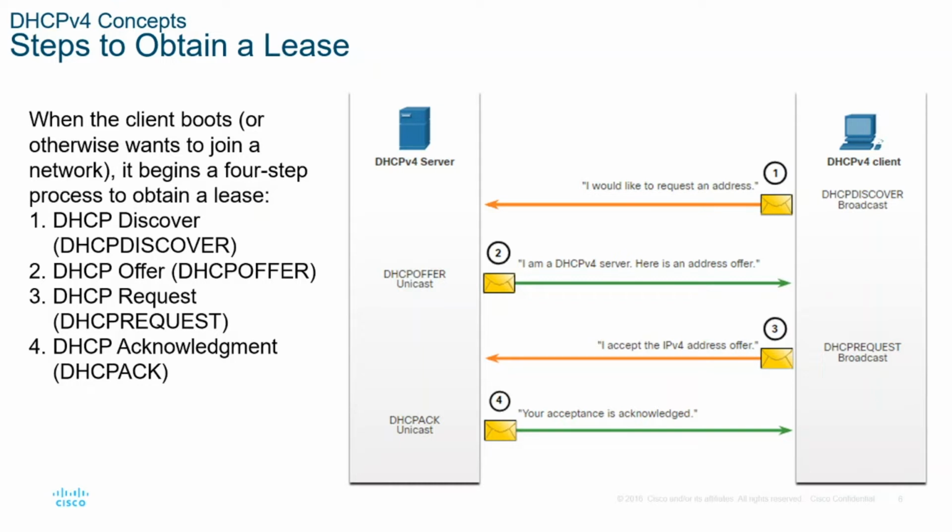Once the DHCP client accepts the IPv4 address and the server receives it, the DHCP server will send back an acknowledgement to the client, meaning yes, your acceptance is acknowledged. So this is the process of how DHCPv4 clients and DHCP servers communicate between them.